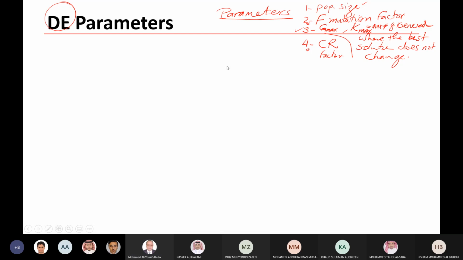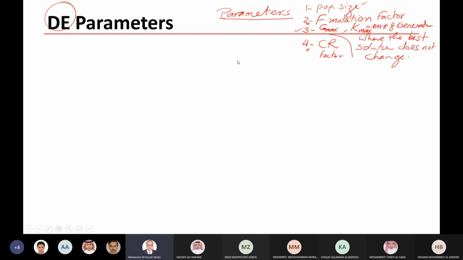And DE is even robust in terms of F and CR. If you change F in the recommended range from 0.5 to 1, or 0.4 to 1, and CR from 0.5 to 0.9, you will see the differential evolution performing very well.